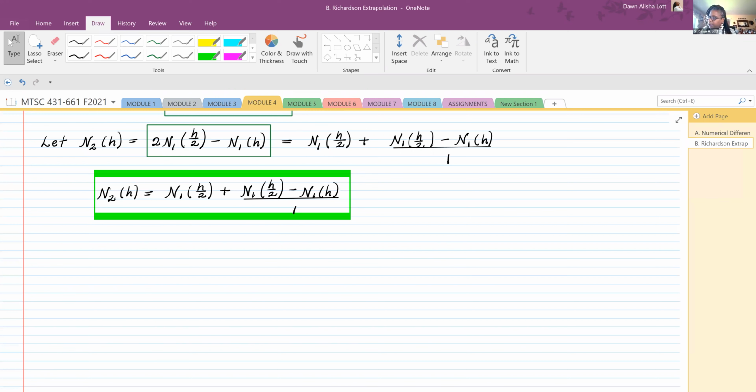So now M is equal to N2 of H minus K2 of H squared over 2 plus K3 of 3/4 H cubed.